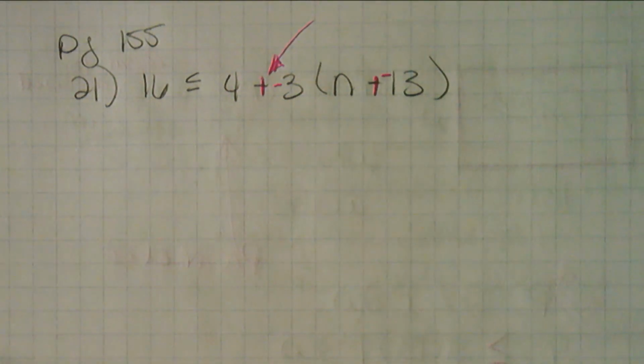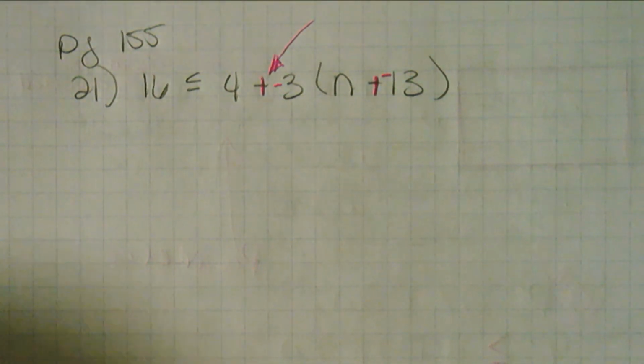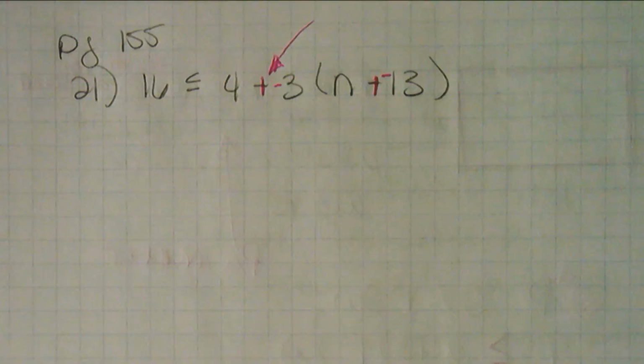Okay. So Serena, you're right, but why did you tell me to do the distributive property first and not add 4 plus negative 3 first? You already did what? Okay, why can't I add 4 and negative 3 first?